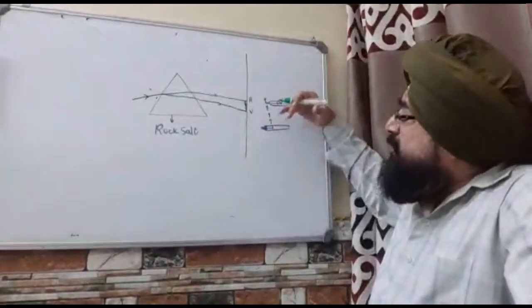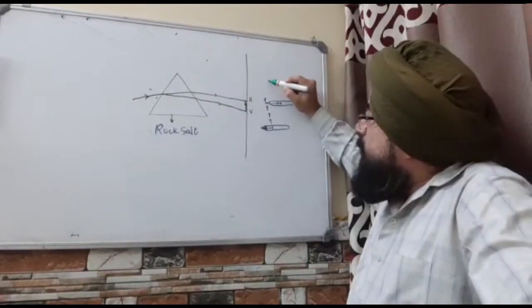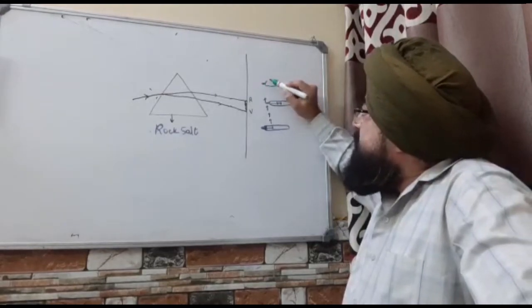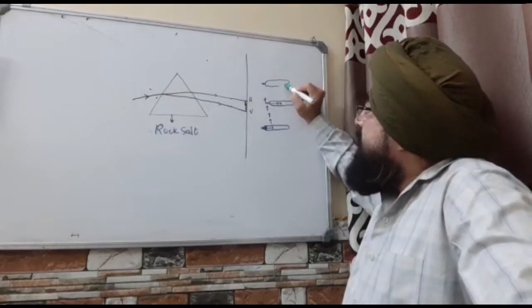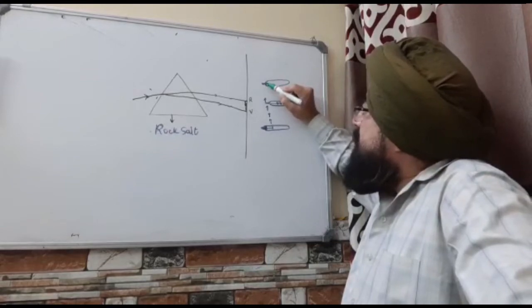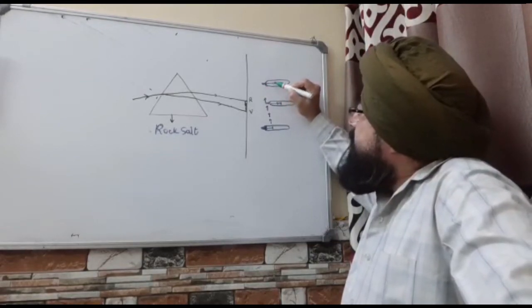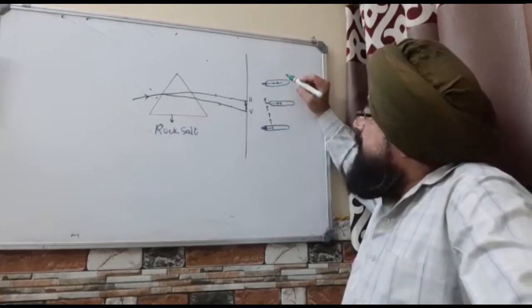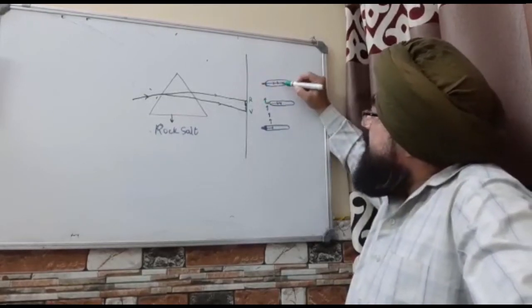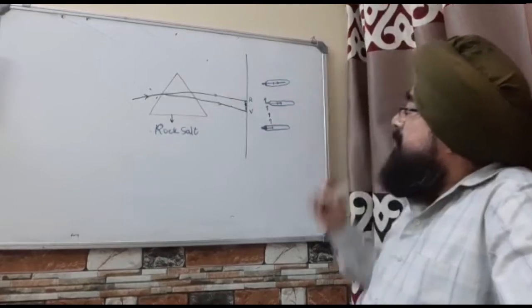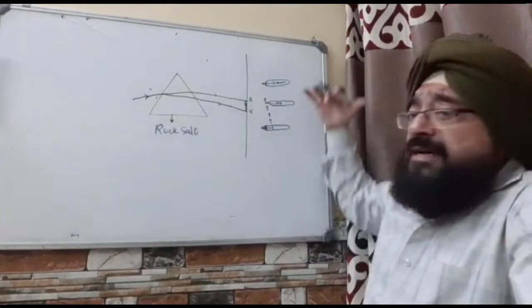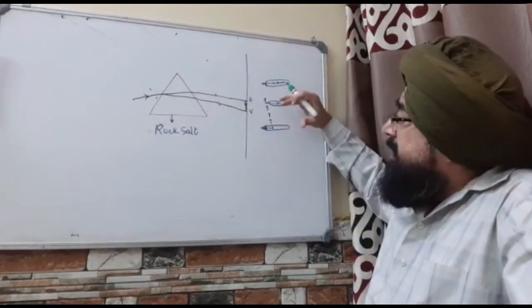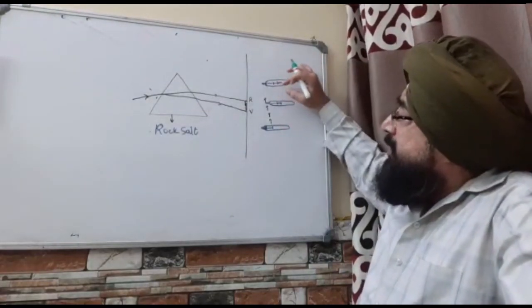But as soon as you go beyond the red end, my God, it shows an immense rise in temperature. This blackened bulb thermometer shows a sudden great rise in temperature. So when you move from the violet end towards the red end and go beyond the red end, it shows a great rise in temperature.